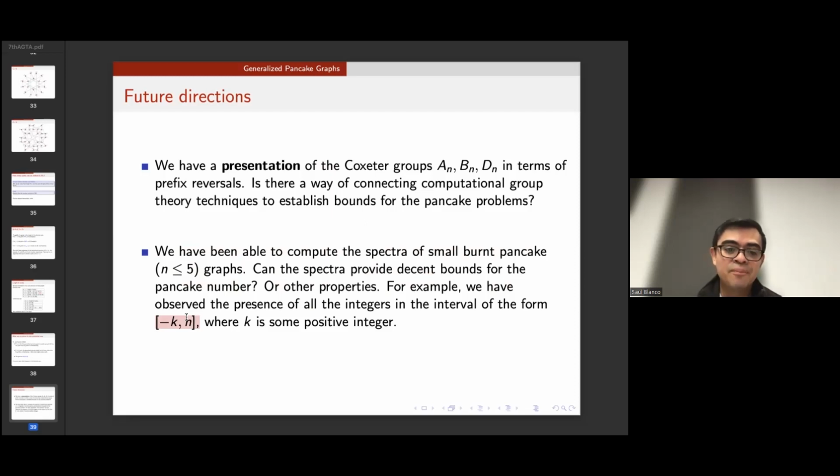It seems that you're getting every single integer from some interval, and we're trying to understand why. Elena pointed out that this is known for the regular pancake graph P_n, and we're trying to look at that paper and see if those methods can extend to the Bernoulli pancake graph. This is currently something we're working on.